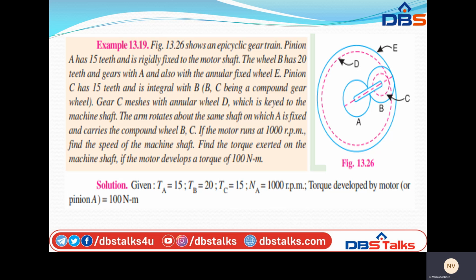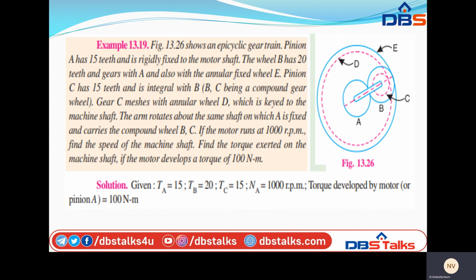In the given data, the teeth on gear A is 15, TB equals 20, TC equals 15, and the speed of the motor is NA equals 1000 rpm. The torque developed by the motor or pinion is 100 Newton meter.